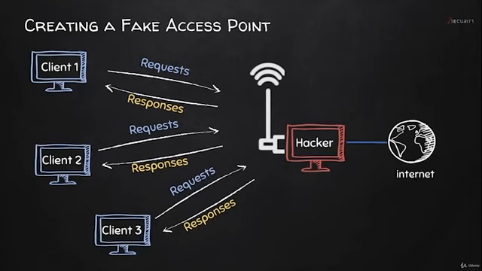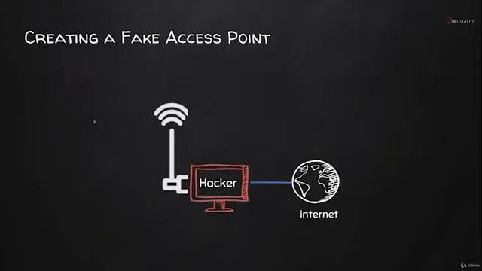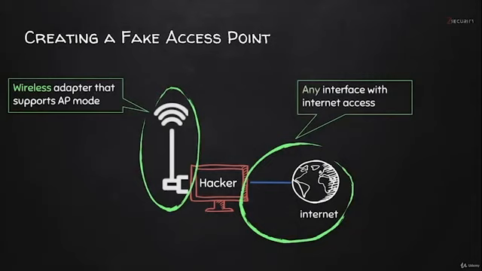So, for this to work, you need a computer, and we already have our hacker computer with Kali Linux. You also need internet access, and you need a wireless device that's going to broadcast the Wi-Fi signal and tell all the neighboring devices that I am a network, you can come in and connect to me. So, you will need, first of all, an interface that has internet connection.